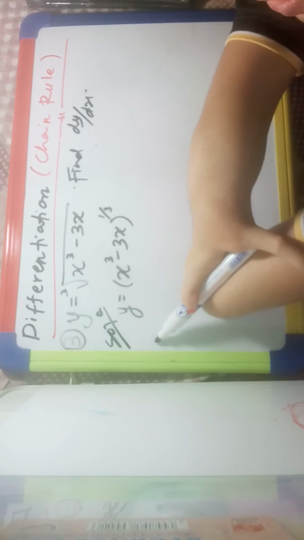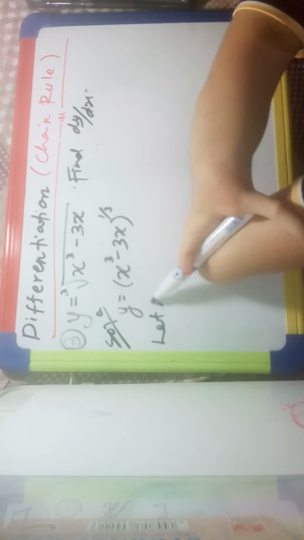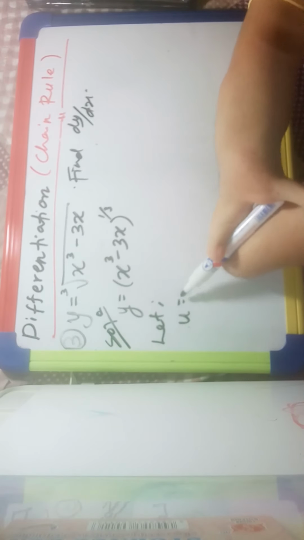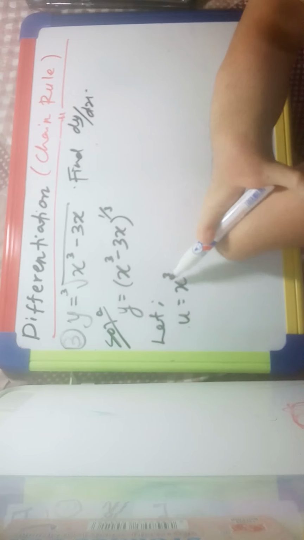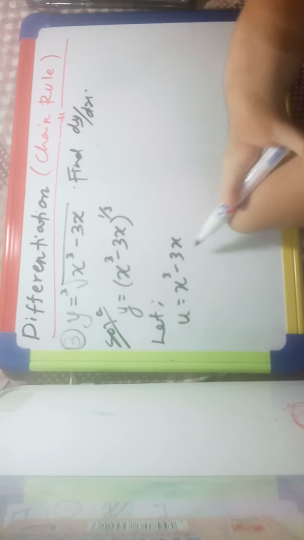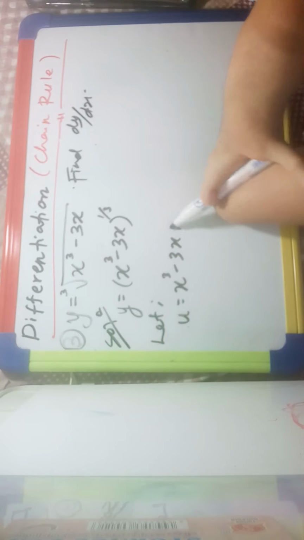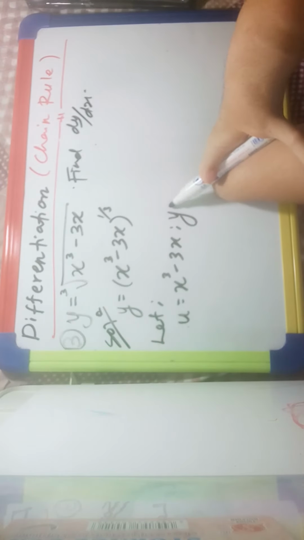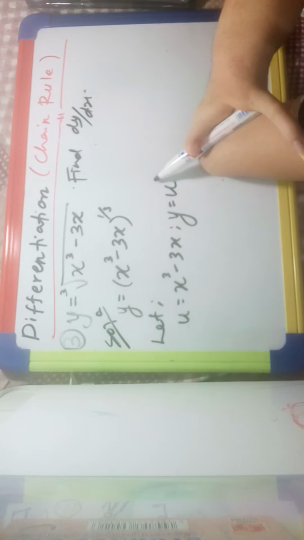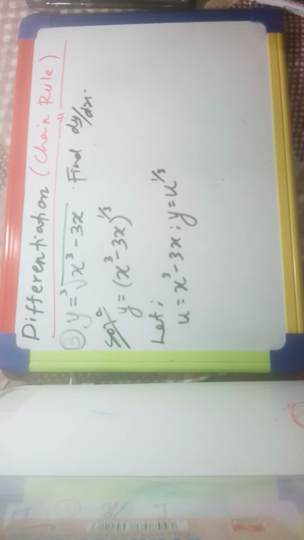Okay, now we will use the assumption, let u equal to x cube minus 3x, and then y right now will become u the power of 1 over 3.